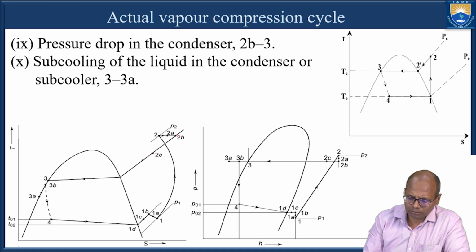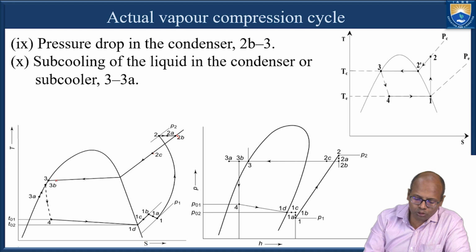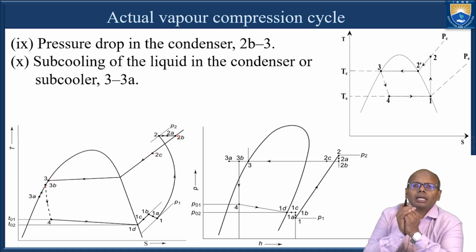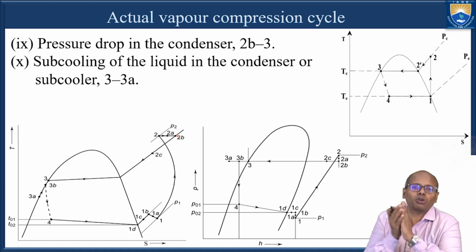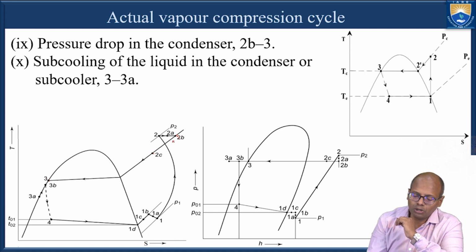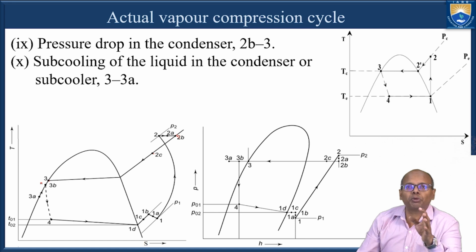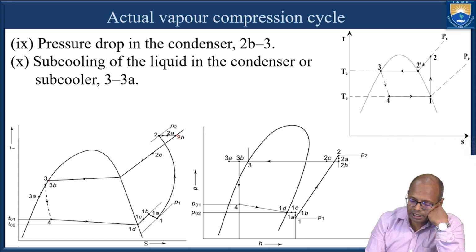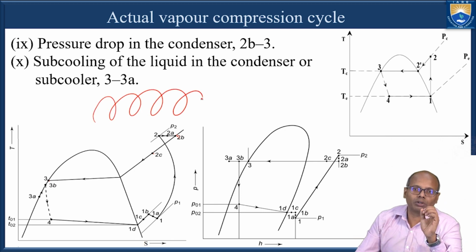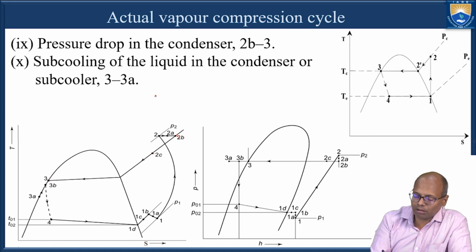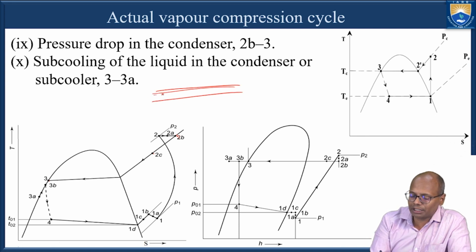Okay, and from 2B to 3, it is supposed to be a constant pressure process. Okay, from 2B to 3, it is supposed to be a constant pressure process, but since the condenser is also a pipe, okay, it is a pipe system, so it can be concentric pipes like this.